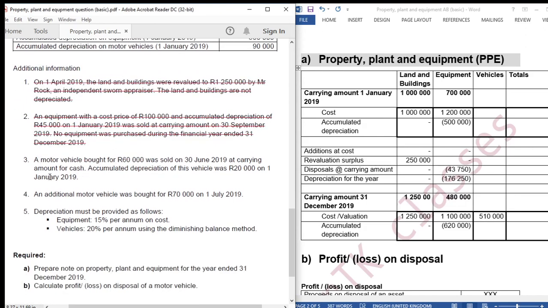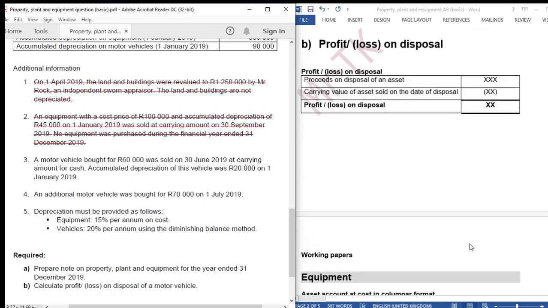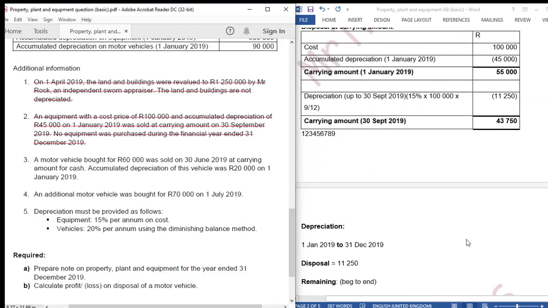Additional information number 4. A motor vehicle bought for 60,000 was sold on 30 June 2019 at carrying amount for cash. Accumulated depreciation of this vehicle was 20,000 on 1 January 2019. Right? An additional motor vehicle was bought for 70,000 on 1 July 2019. Let us go to our working papers.